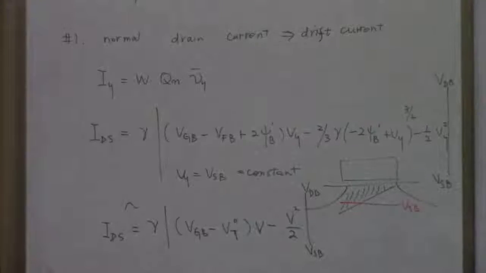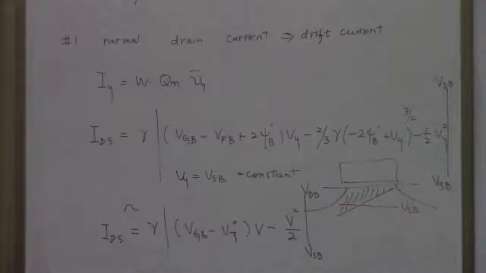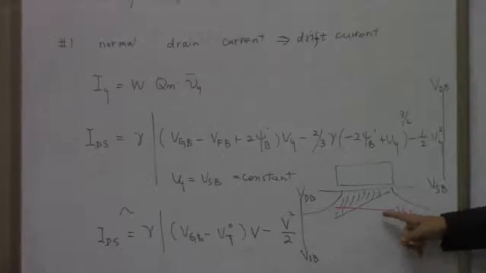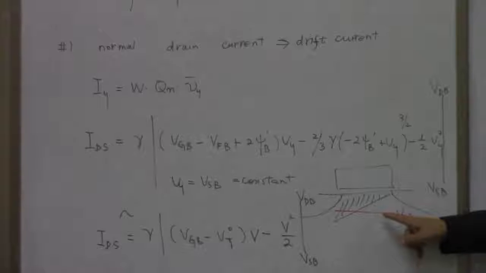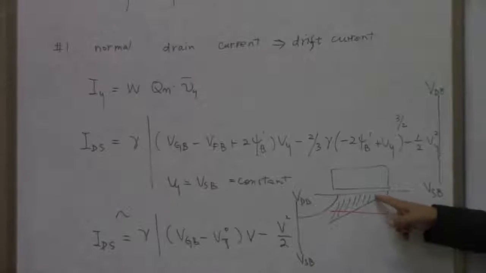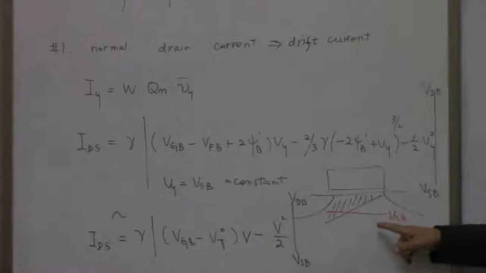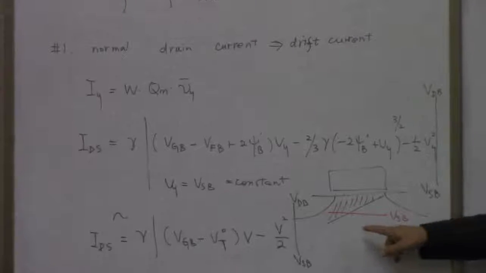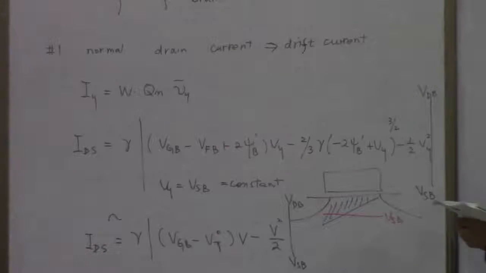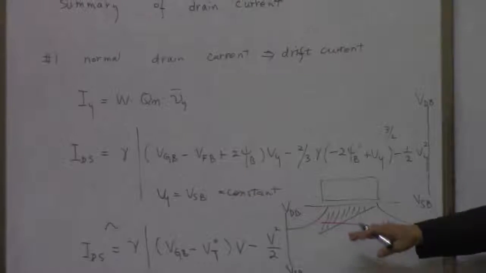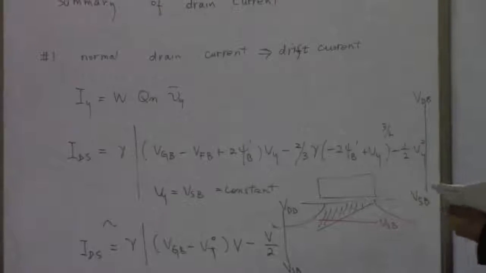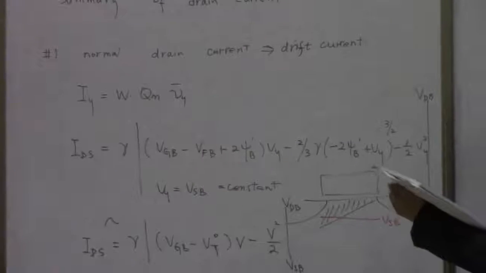And later we're going to discuss the difference between those two, the deviation from the real case, the deviation of this assumption. Okay, we're going to discuss how much error this approximation gives us later.